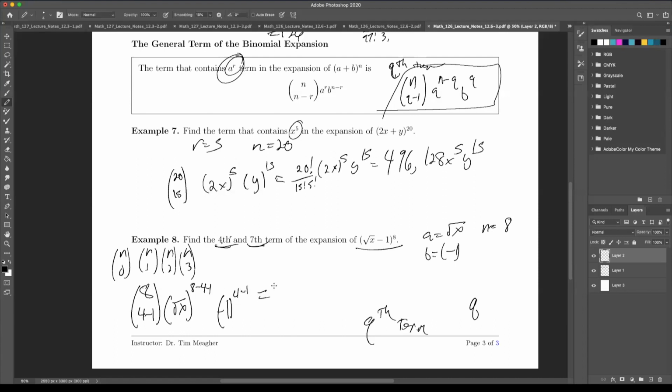There we go. And then here we can simplify. This is 8 choose 3, square root x to the fifth, and then minus 1 to the third. Yes. Okay, this is definitely the fourth term. Oops, this should also have a minus 1 on it. And this should also have a minus 1 on it. Notice here this adds up to be 8, so I know I did the formula correctly.